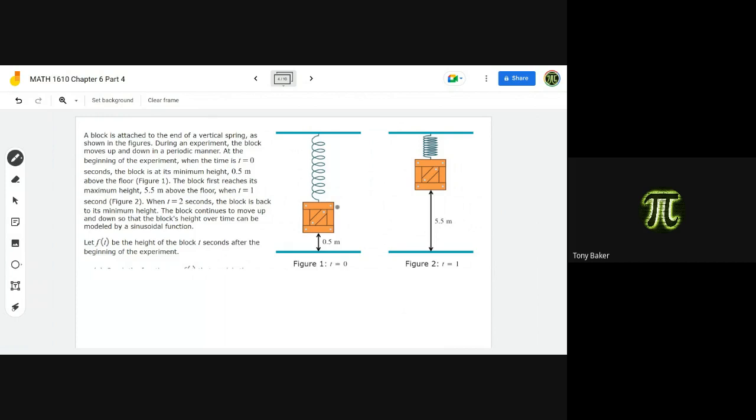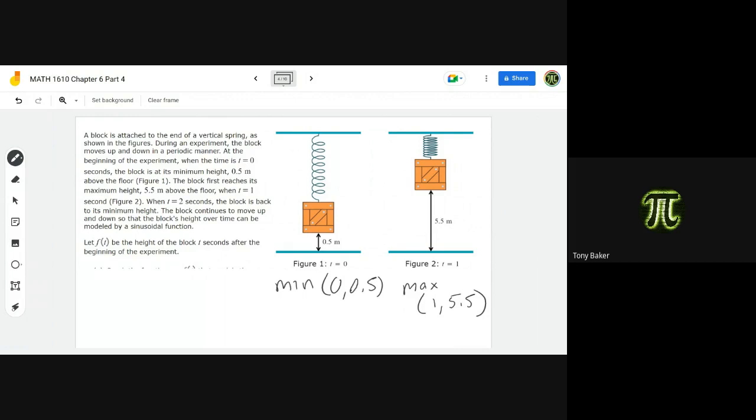They tell me my minimum point is at time 0 and it's 0.5, and my maximum point is at 1 and 5.5. So we're still going to do the same basic setup. I have to figure out what my function is going to be, and then figure out the shifts for it.